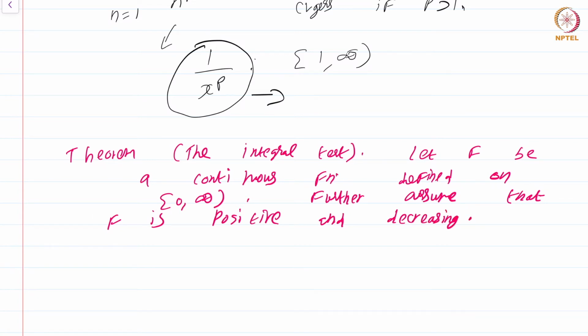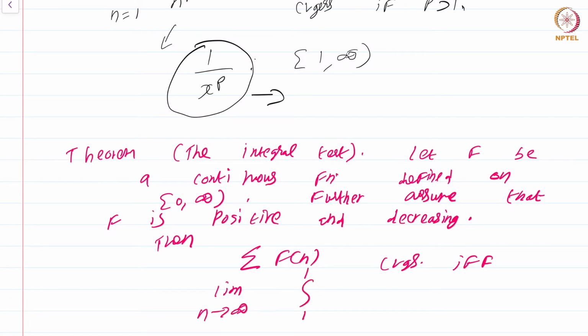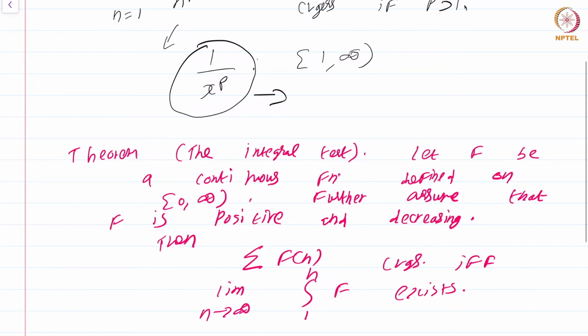Then summation f(n) converges if and only if the limit as n goes to infinity of the integral from 1 to n of f exists. Or in other words, the series summation f(n) converges if and only if the improper integral exists, and I must add, to be precise, and is finite.